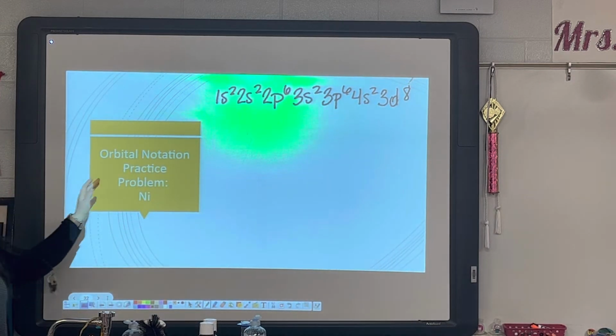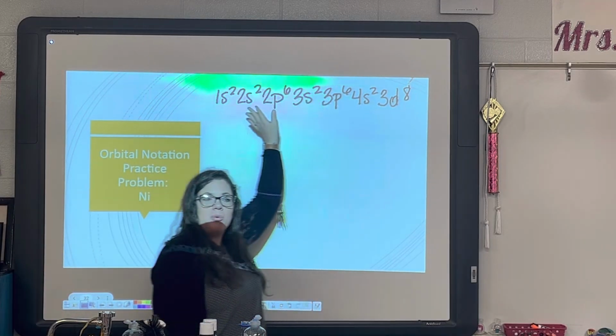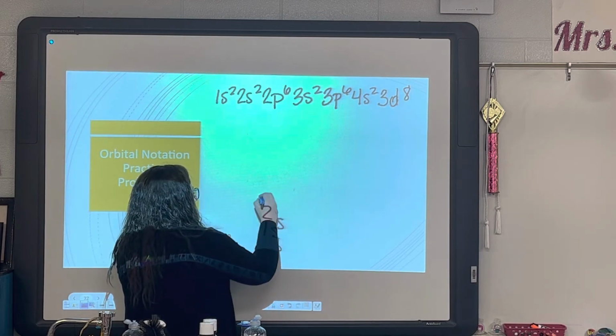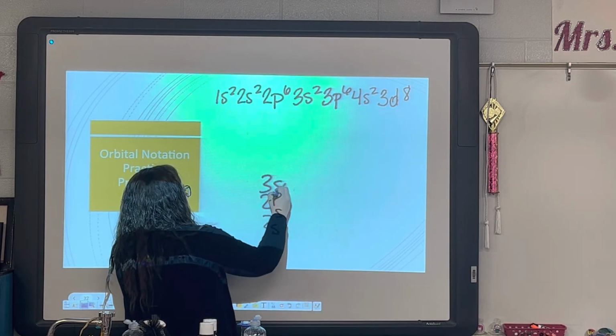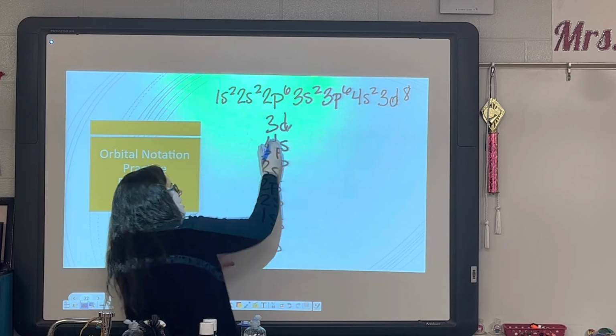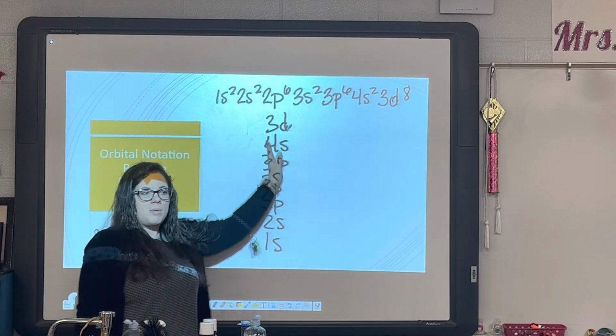Alright, so now we come down and we follow this order. We just drop with 1s on the bottom. So 1s, 2s, 2p, 3s, 3p, 4s, and then 3d. So I just copied that, but I started with 1s on the bottom and then worked my way up.